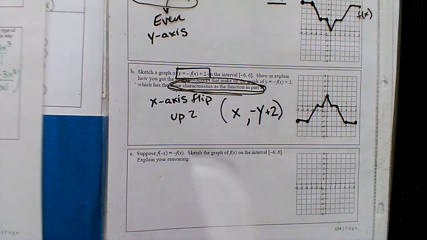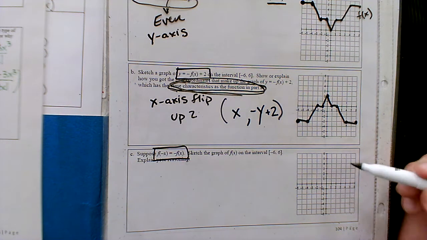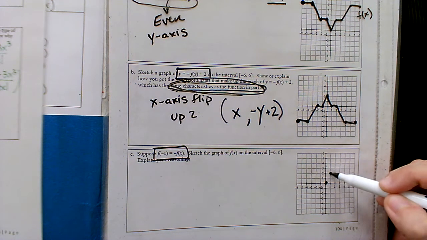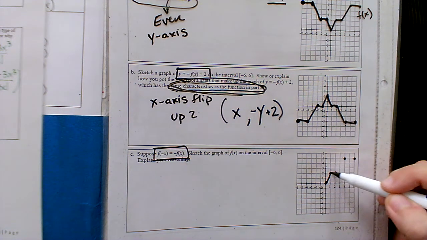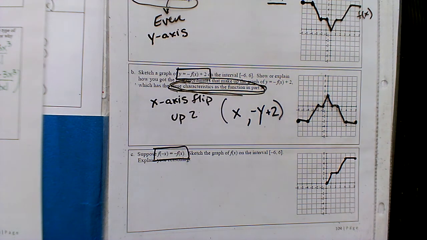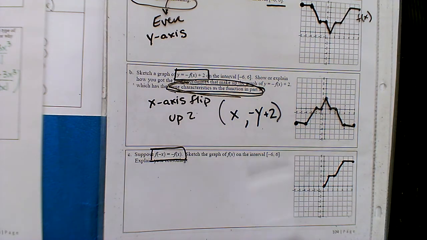All right, last one. Suppose f of -x equals -f of x. Sketch a graph of f of x on the interval from -6 to +6. So again, we can start with those original points from the table. But we got to figure out, what does the left-handed side look like?